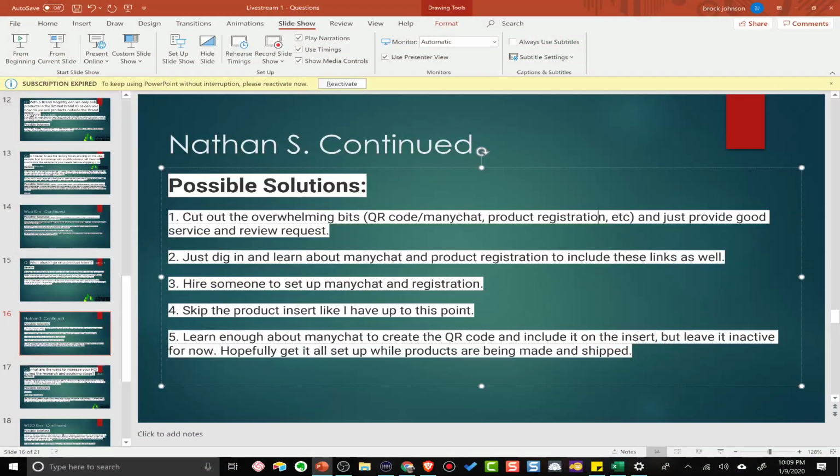I don't have enough information to answer that, so I'm going to just keep going to solutions. Skip the product insert. Oh, he's not even doing it. Okay, so if you're not even doing a product insert, just get something in there at least. On the next shipment that you order from your suppliers, you could do a new one.